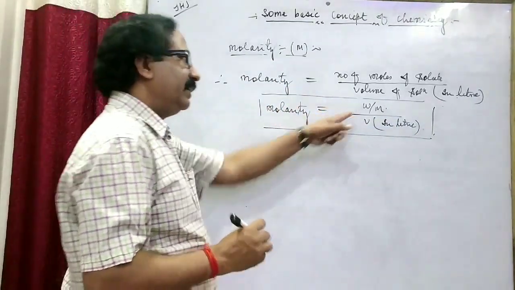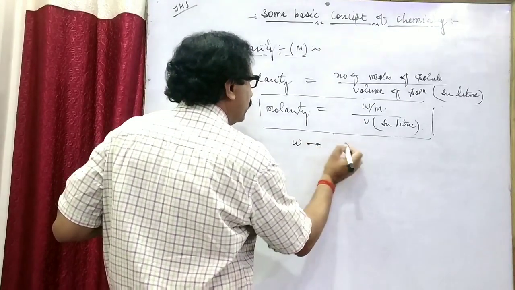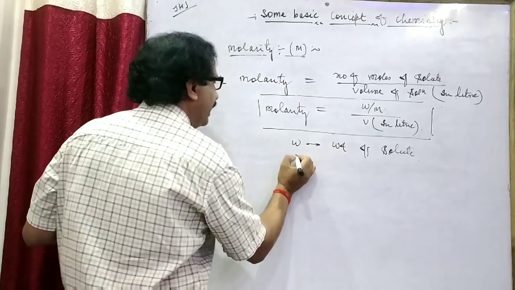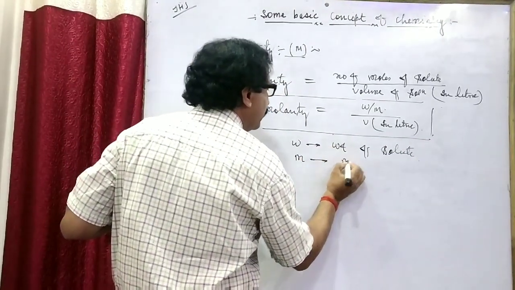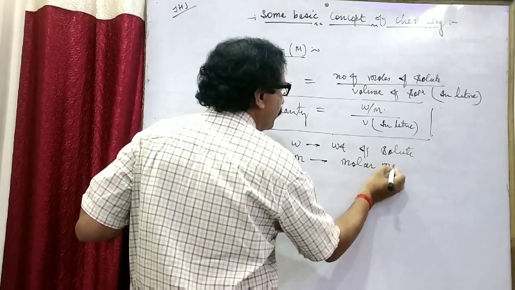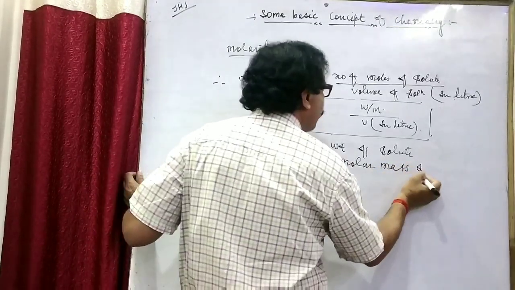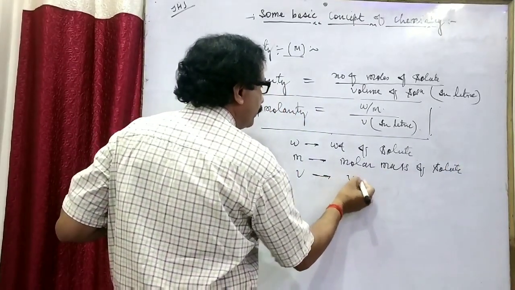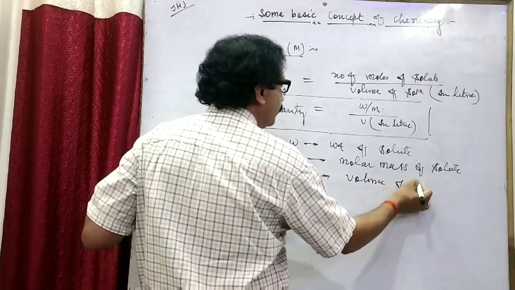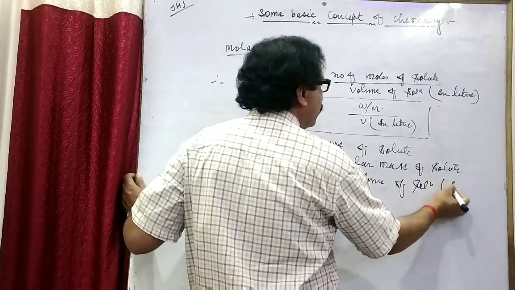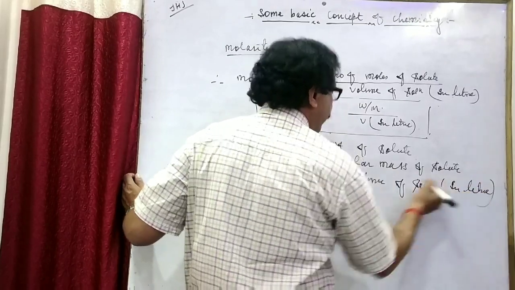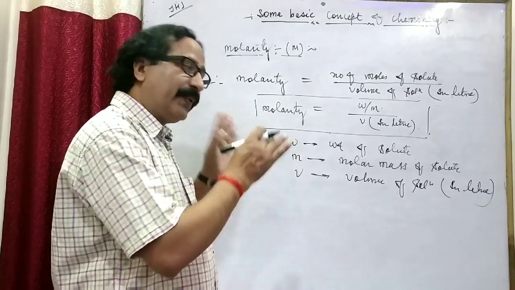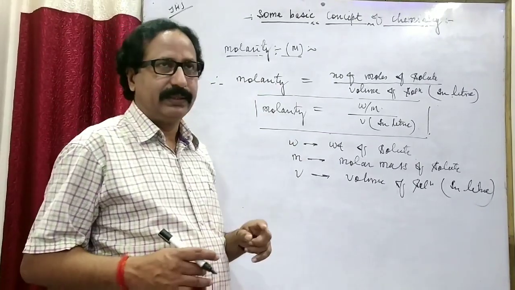Here, W is the weight of solute, M is the molar mass of solute, and V stands for volume of solution in liter. This formula is used to solve the numericals related to this.